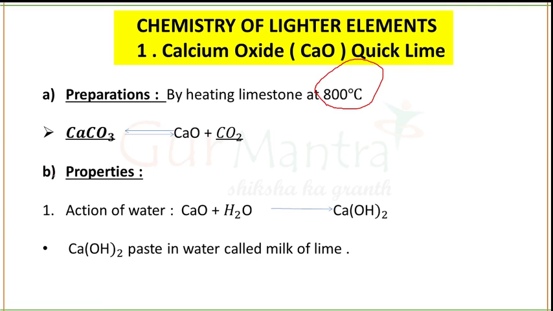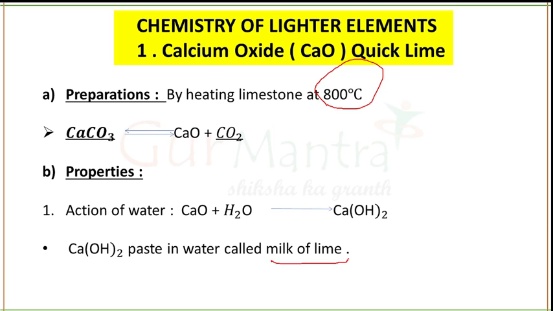Next, the properties of calcium oxide. When you react calcium oxide with water, you will get a compound that is Ca(OH)2, known as calcium hydroxide, and the paste of calcium hydroxide in water is known as milk of lime.